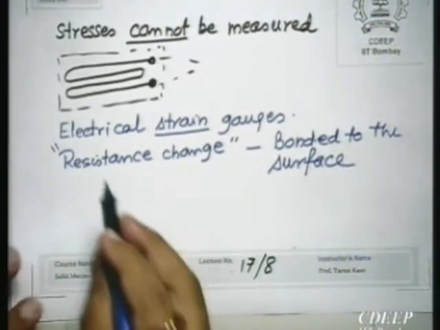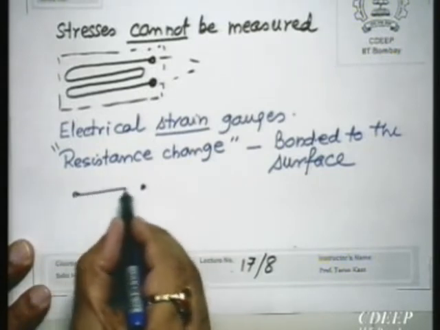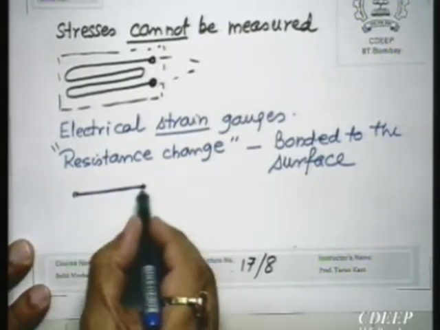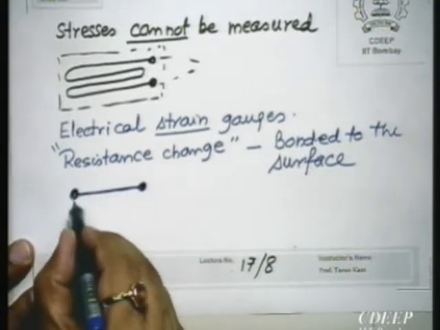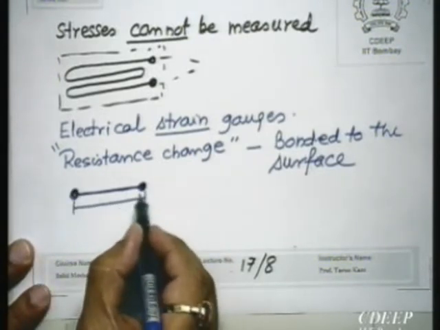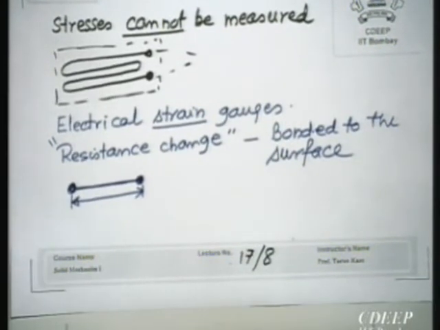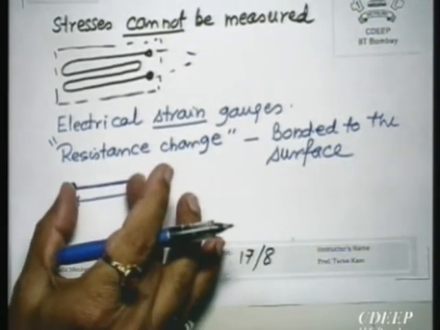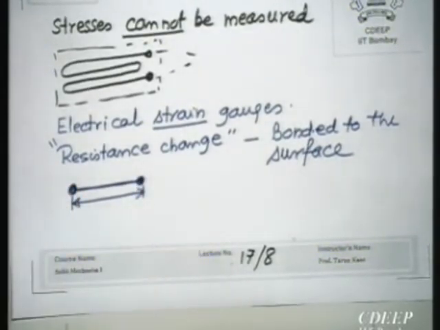And again, we always take two points on the surface, and we find out the change in length between this and this. So we find out the rate of change between these two points. The strain gauge will be aligned in this direction, and then we will find out what this is. So this can measure only longitudinal or normal strain.